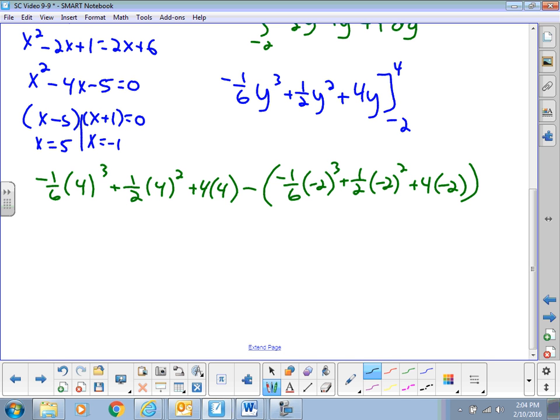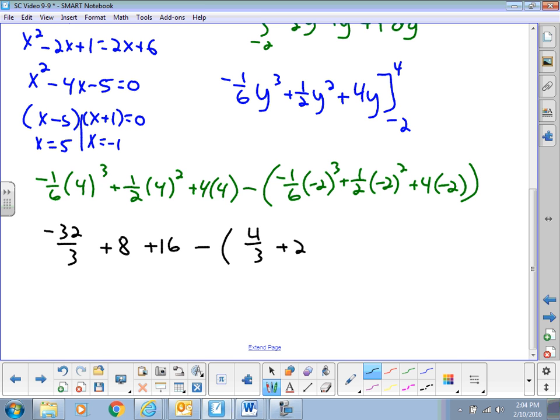So this first term will give us 64 over 6, and it's negative, which reduces to negative 32 over 3. 16 and then a half will give us 8. And then 4 times 4 is 16. We'll have minus, and then in our parenthesis, we'll have negative 8 times negative 1/6, which would give us 4/3. Negative 2 squared is 4, times a half is 2.